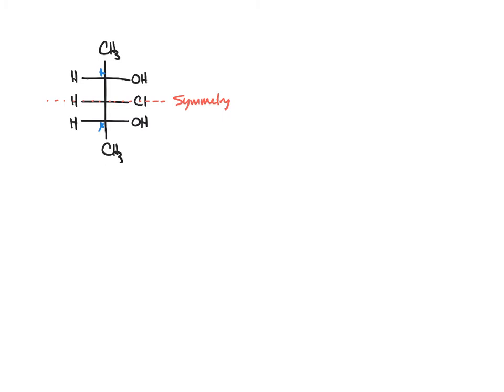The one in the middle isn't a chiral center because this big chunk of a group on the bottom is the same as the big chunk of a group on the top. So this would be an achiral meso compound.